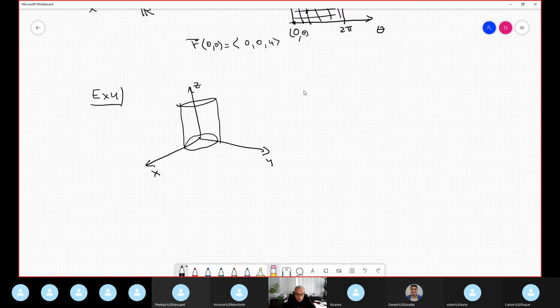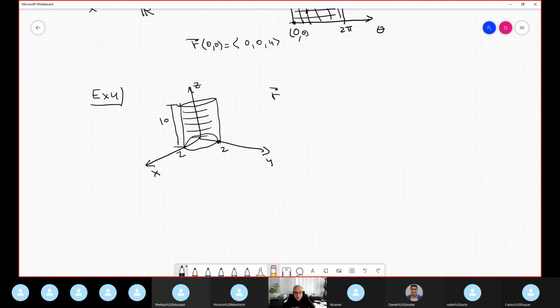It's a completely full cylinder, but okay, the radius is 2 and the height of the cylinder is 10. So this is the surface I want to parameterize.